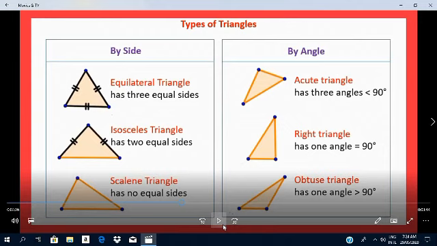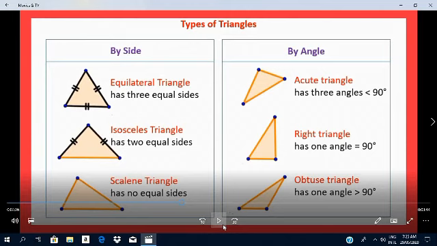So, acute angles are angles that are greater than 0 degrees and less than 90 degrees. For example, if I have 45 degrees, 45 is greater than 0 but less than 90. So 45 is an acute angle. So when you have 45 degrees in a triangle, you have an acute triangle.